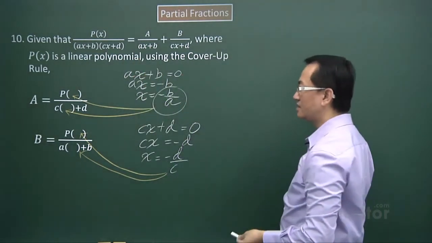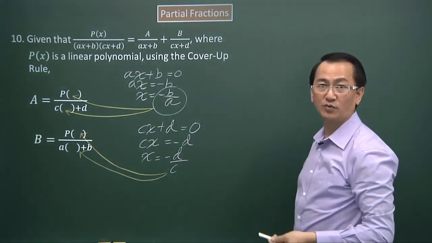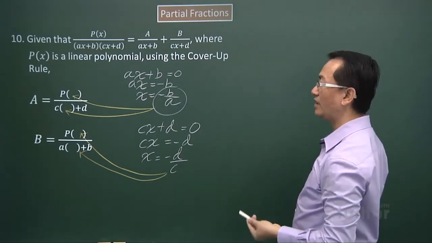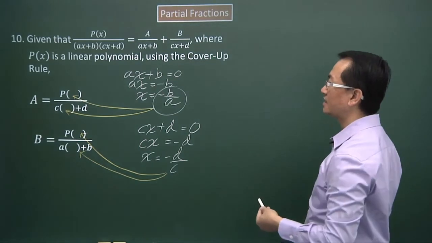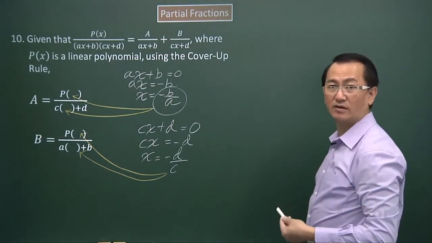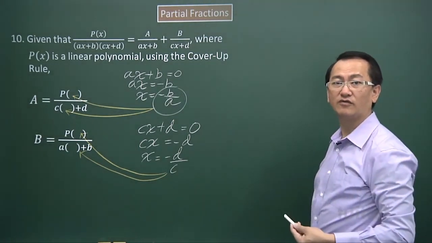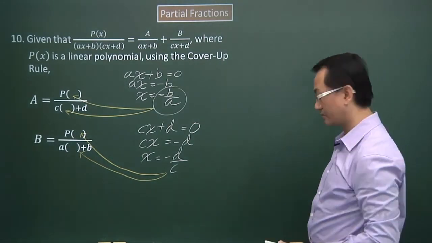So this is a foolproof way of working out the value of a and b quickly. This is just another method to add on to your repertoire of problem solving skills.